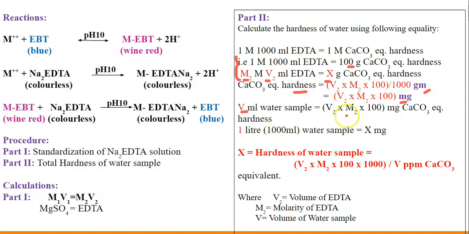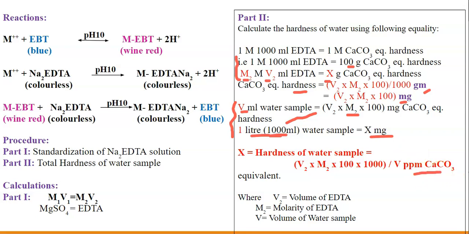So if V ml contains this hardness, then 1 liter, that is 1000 ml of water sample, will contain how much hardness? So again, we are going to relate these two equations and find out the value of X, which would actually be 1 into V2 into M2 into 100 into 1000, that is, whether in liter 1 or in ml, it would be into 1000 upon V ppm of CaCO3 equivalent.